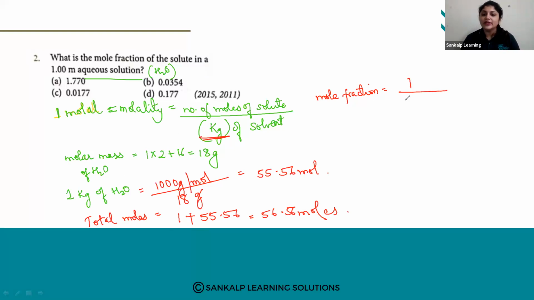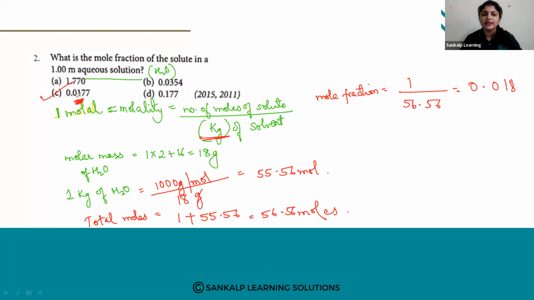So 1 divided by 56.56 comes to 0.018. Right? So 0.018 is nearer to option C. So C is the right answer.